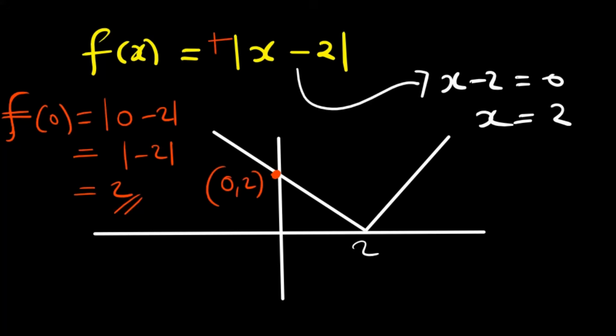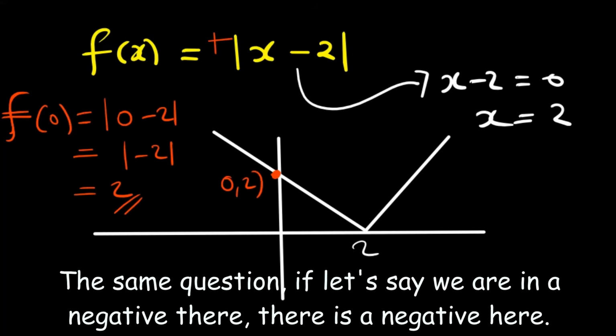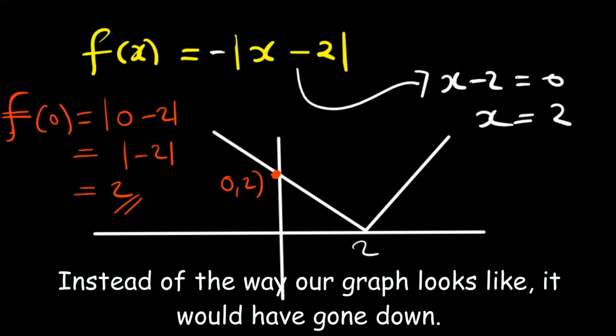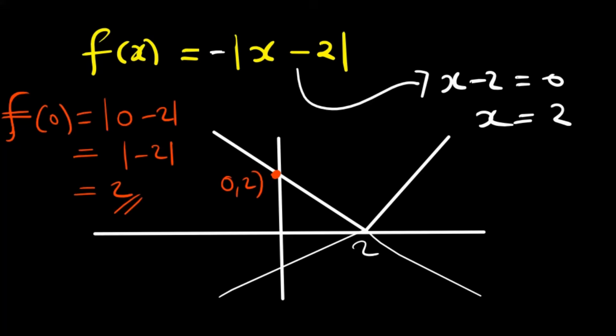So the same question, let's say there was a negative here. If there was a negative here, instead of the way our graph looks, it would have gone down. Why is it going down? It's because the value of the function is negative. We're going to the negative values of y and the positive values of x.